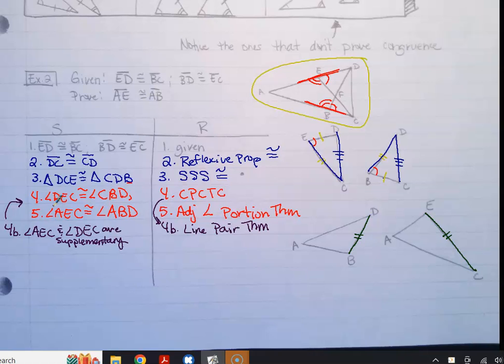And then we have to do the same thing for angle ABD and angle DBC, which are supplementary.